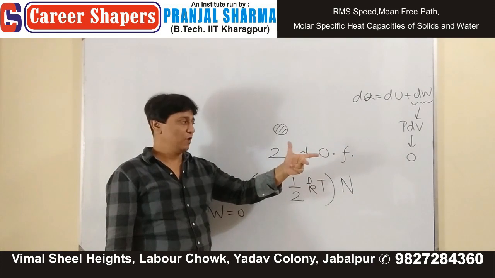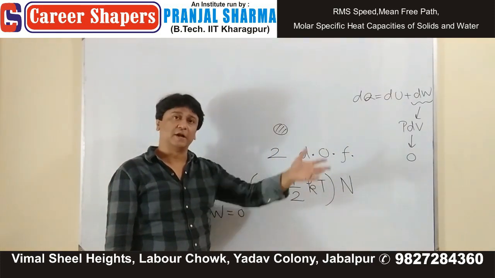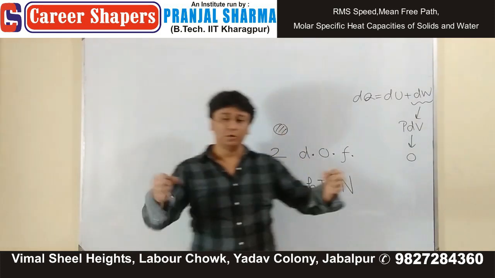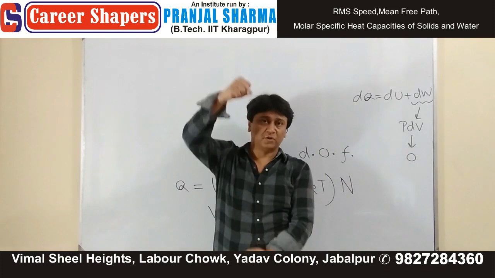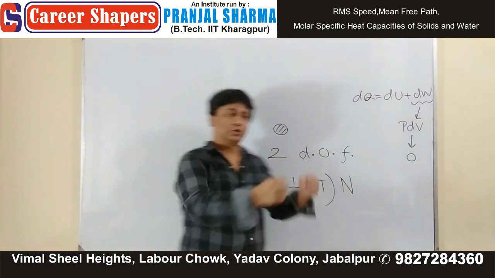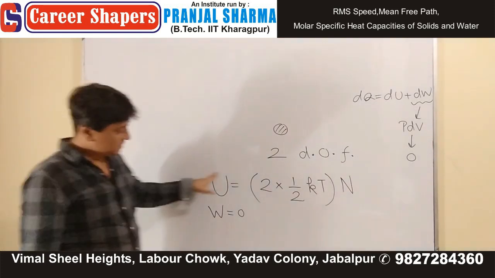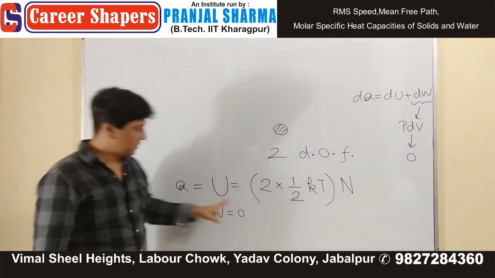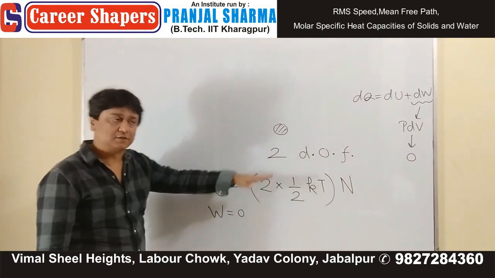X, Y, and Z. Since there are 3 axes present, the molecules can vibrate this way. It can also vibrate this way. It can also vibrate this way. And therefore, this is the energy of a given molecule for a given axis.